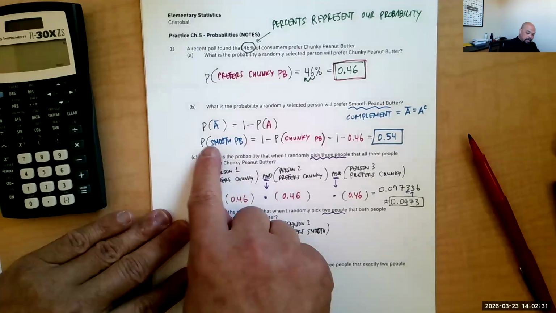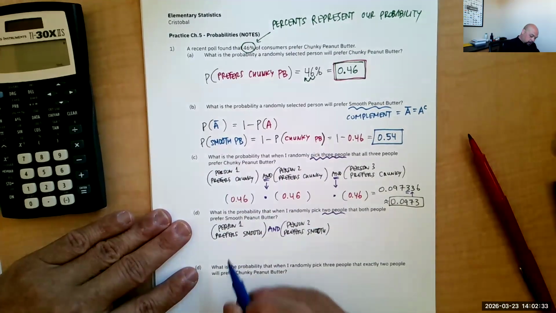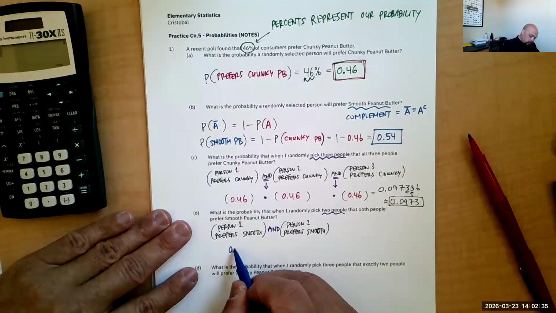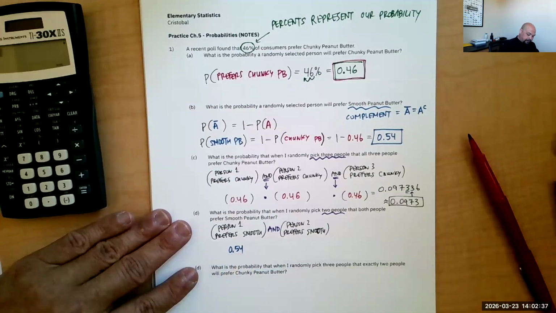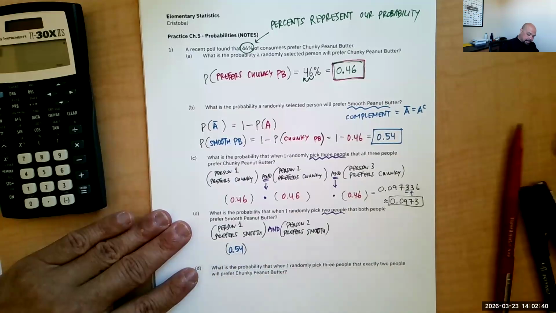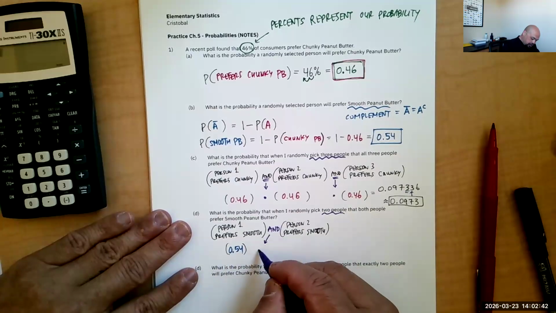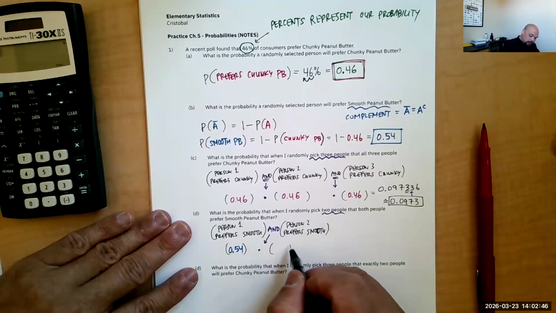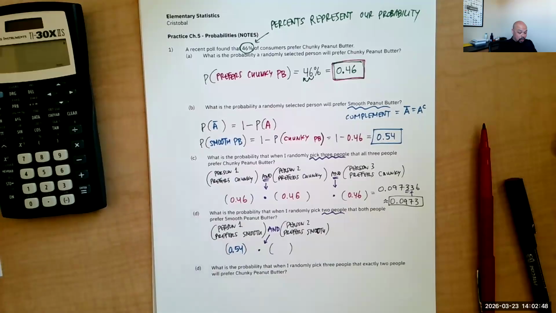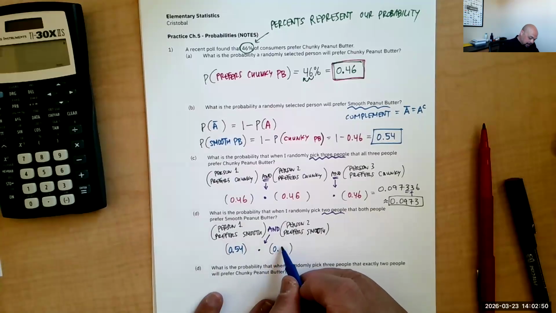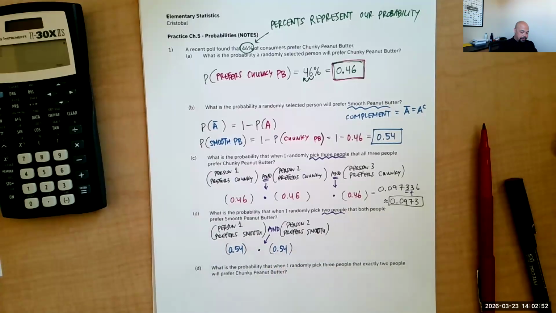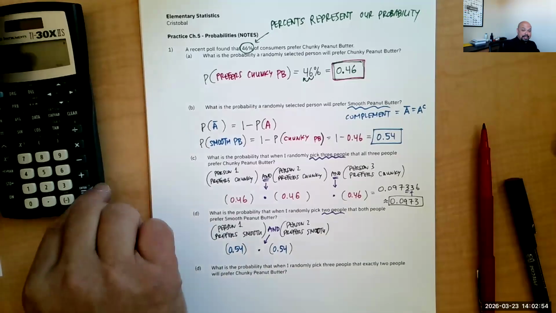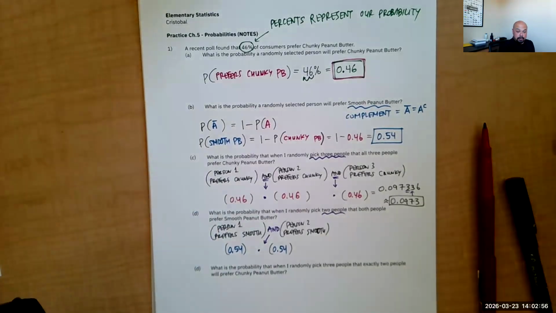Right? And so from our work here, the probability that the first person prefers smooth is 0.54, that 54%, and that comes down as a multiplication. The second person preferring smooth peanut butter as well, because we're taking from a large population, that probability doesn't change. The same likelihood that my next person is going to prefer smooth peanut butter.